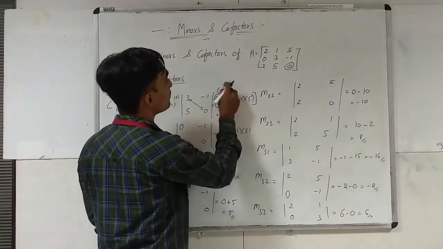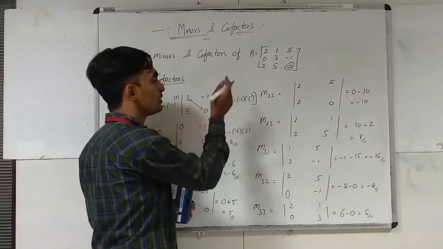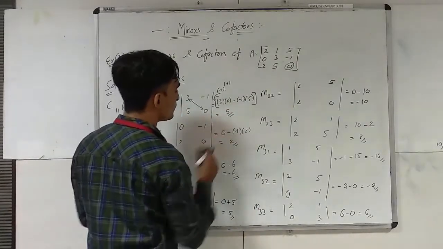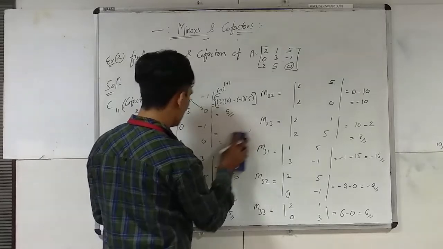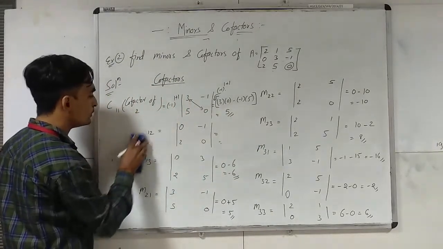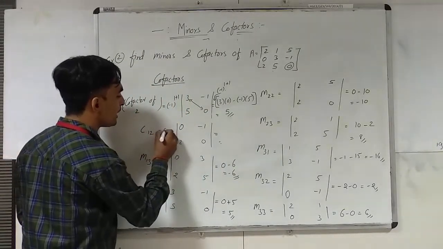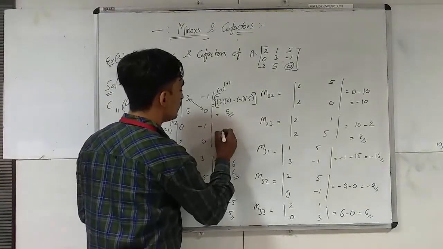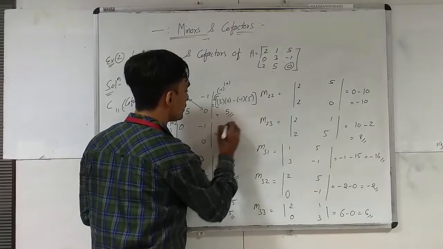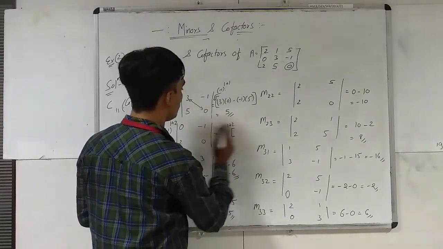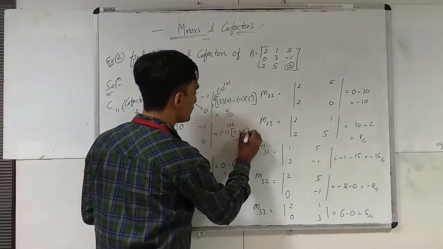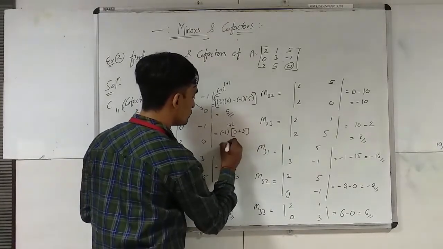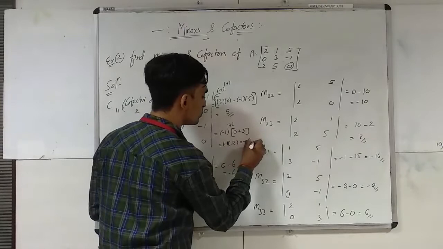Minus 1 to the power 2 is plus 1, so it is unchanged, 5. Here C12 is minus 1 power 1 plus 2 into 2. So it is minus 1 into 2, so it is minus 2.